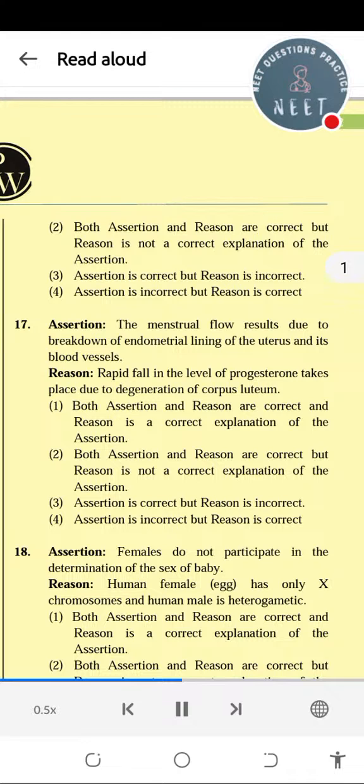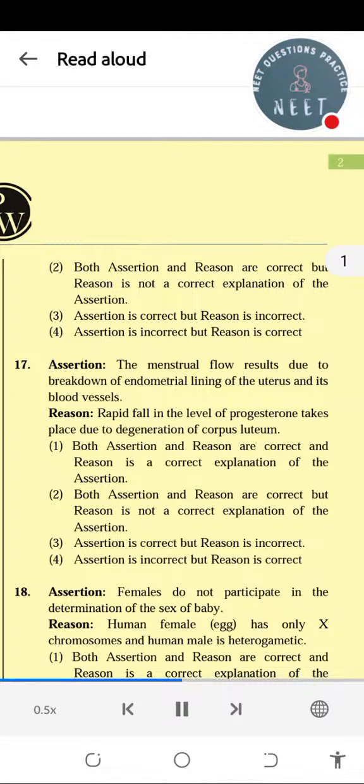1. Both assertion and reason are correct and reason is a correct explanation of the assertion. 2. Both assertion and reason are correct but reason is not a correct explanation of the assertion. 3. Assertion is correct but reason is incorrect. 4.